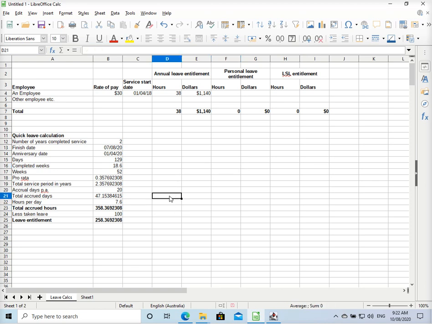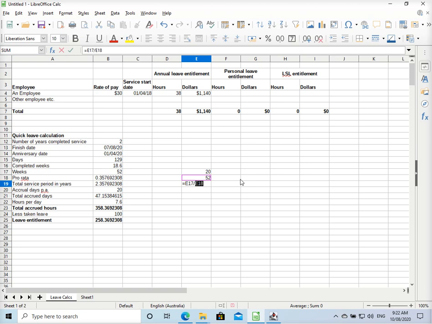Other thing I want to note is that when using a BASOF hosted file and using the default accrual rates in BASOF, they are based on the 52 weeks per year. So, for example, 20 days over 52 weeks.